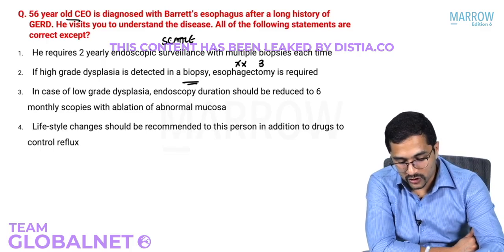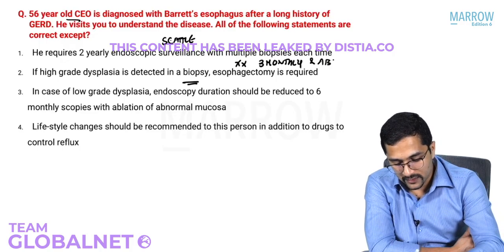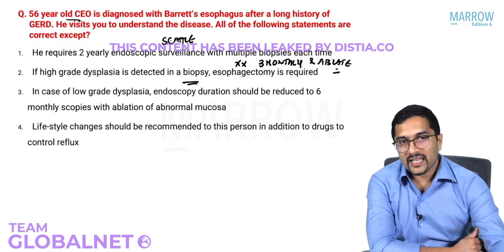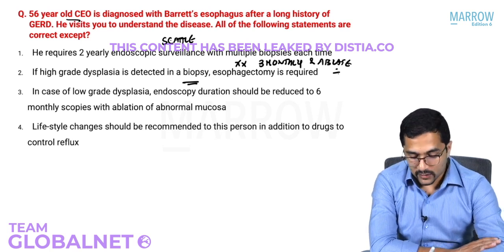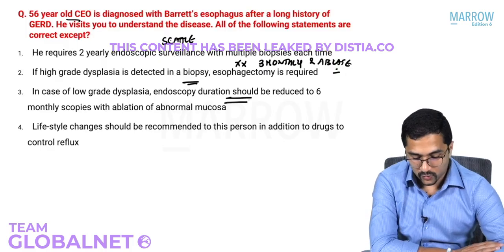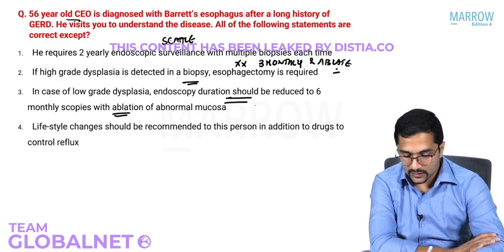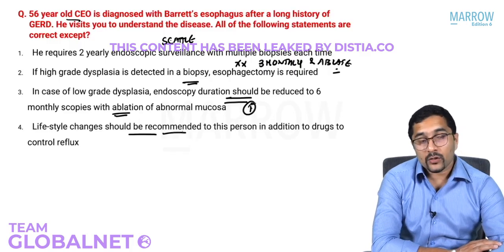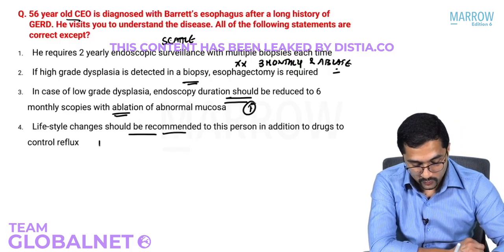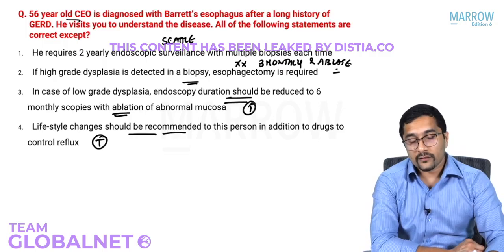No, we should do 3 monthly endoscopies and we should ablate the abnormal mucosa. For high-grade dysplasia, no esophagectomy. In low-grade dysplasia, endoscopy should be reduced to 6 monthly scopies with ablation of abnormal mucosa. This is true. Lifestyle changes should be recommended to this patient in addition to drugs controlling reflux.